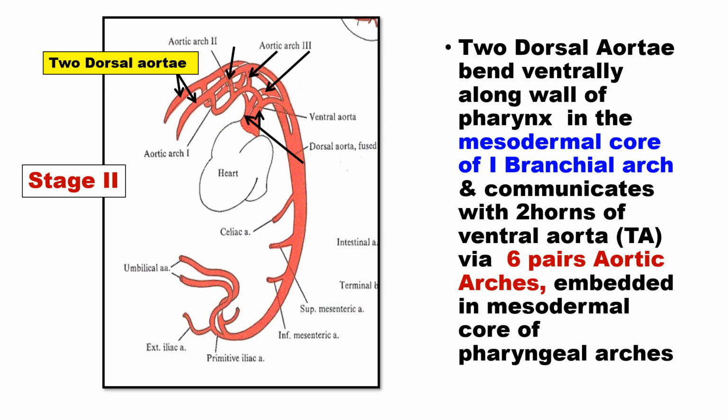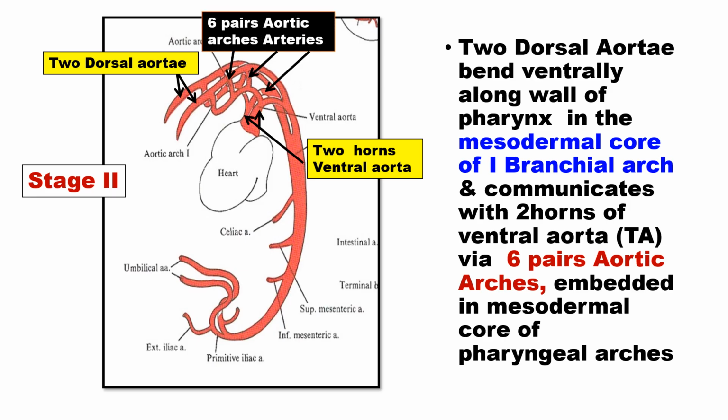Later, the two dorsal aortae bend more ventrally along the wall of the pharynx in the mesodermal core of the first branchial arch, and communicate with the two horns of the ventral aorta via six pairs of aortic arch arteries. These aortic arch arteries are embedded in the mesodermal core of the pharyngeal arches.